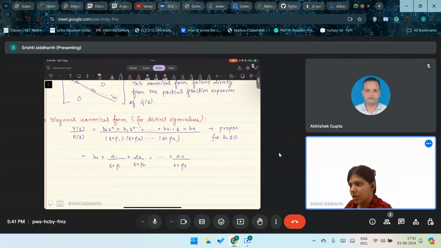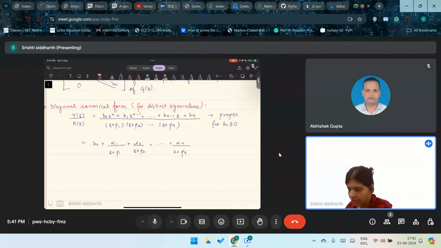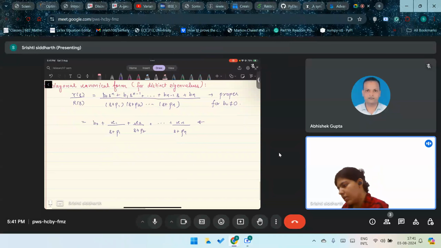Okay, so you have seen how to derive this expression in this week's lecture. Now let's write this down in the state space form. So you can find out what C1, C2 up to Cn are. We have just seen this.